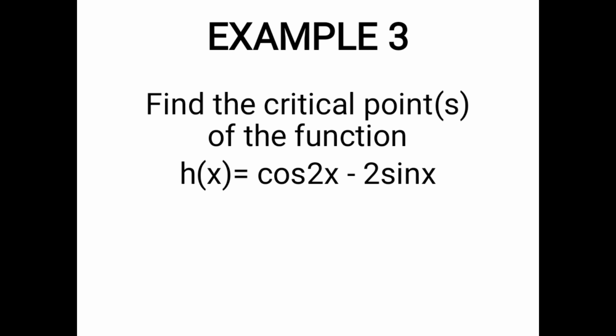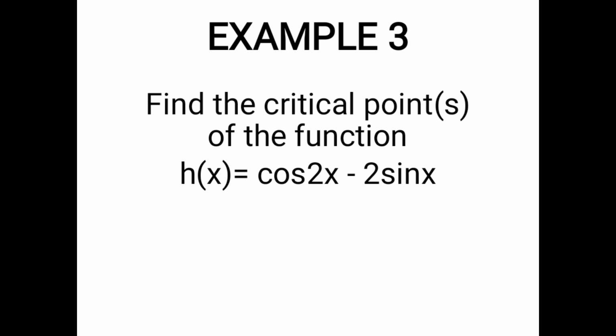Example 3. Find the critical points of the function h of x equals cos 2x minus 2 sine x. So we shall find the first derivative of h of x.